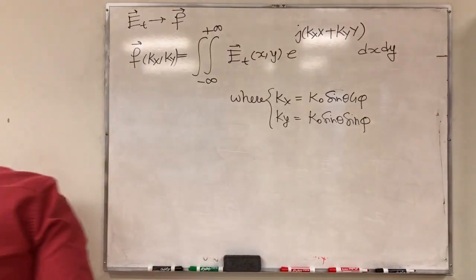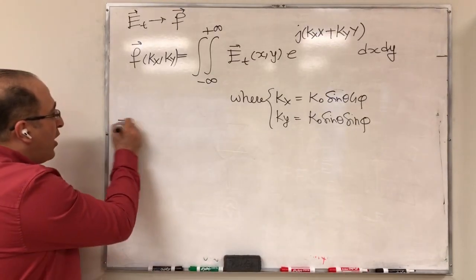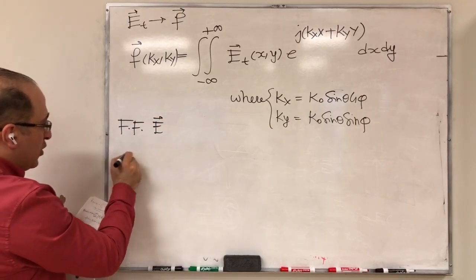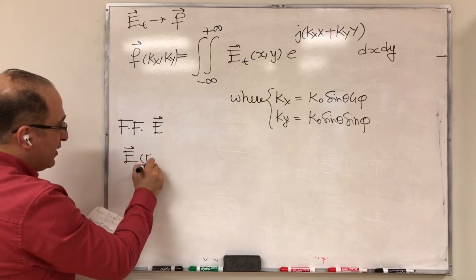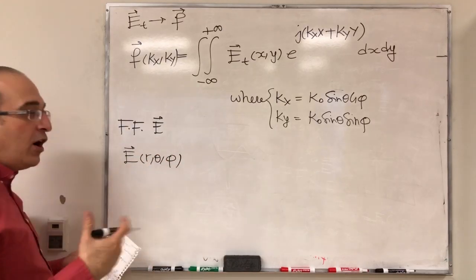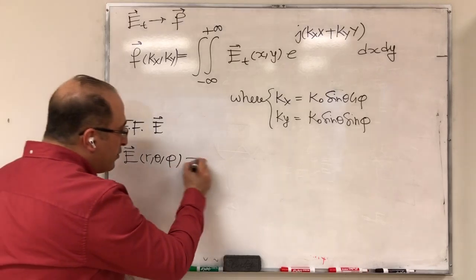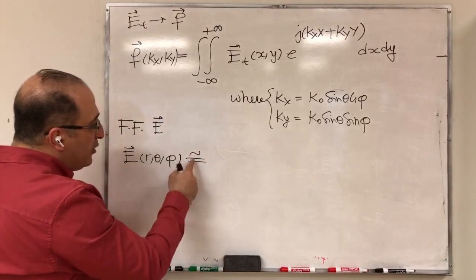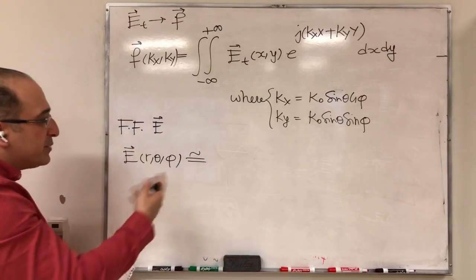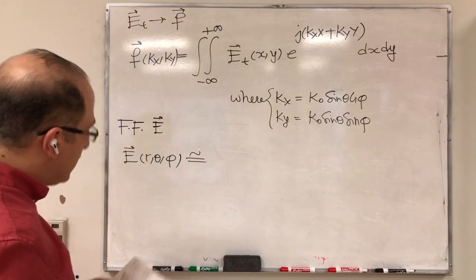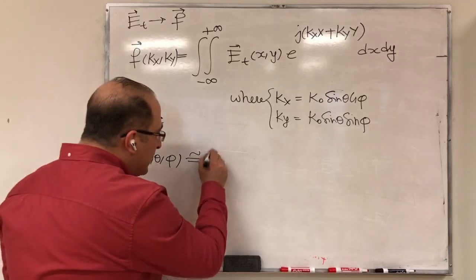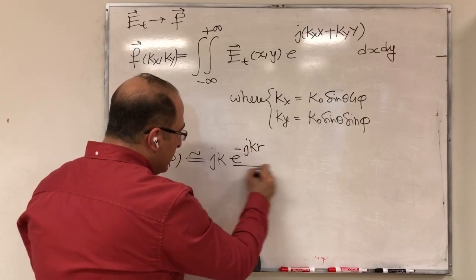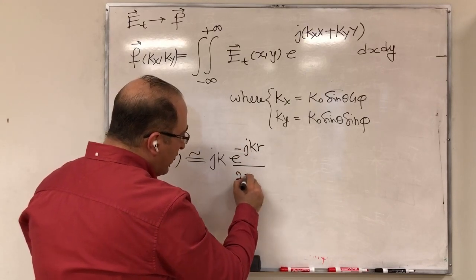Now, if we have that, then we can find the far field electric field as the following. The electric field in the far field would be a function of r, theta, and phi, and it's based on an approximation. You can remove this approximation, but this is equal to jk e to the power of minus jkr divided by 2 pi r.